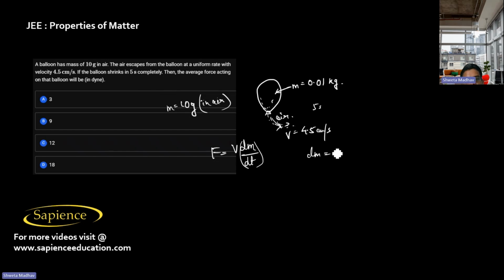So that is rho into dv. It has a mass of this much.